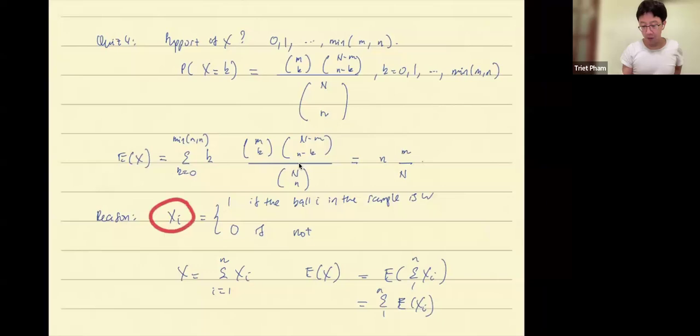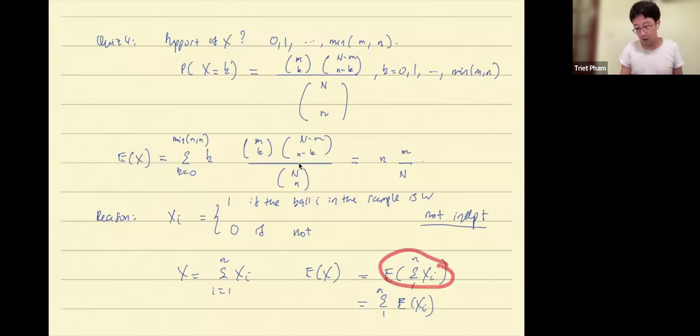Here, in contrast to the case of the Bernoulli and the geometric, that sum out to be the binomial or the negative binomial, those are independent. Here, the xi's are not independent, because if you know some balls are white, it influences how the other balls being white or not.